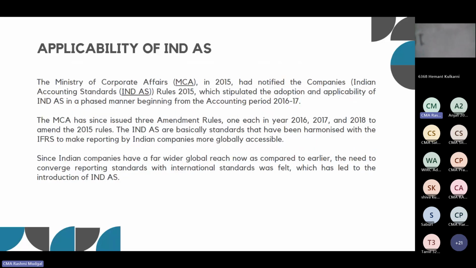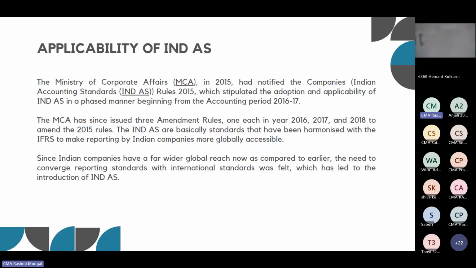The applicability of Ind AS was not dropped on India just like that, like GST or other laws which have been introduced recently. It has been introduced to the Indian market in phases. The Ministry of Corporate Affairs in 2015 notified the Companies (Indian Accounting Standards) Rules, 2015.